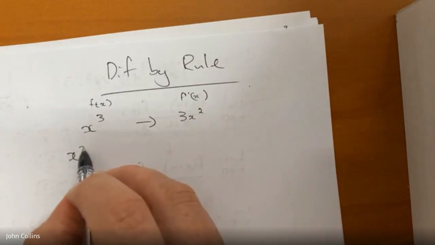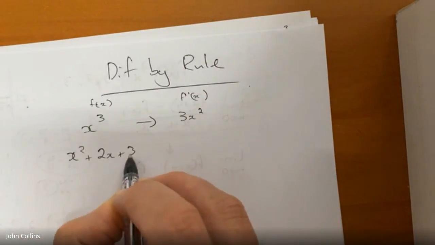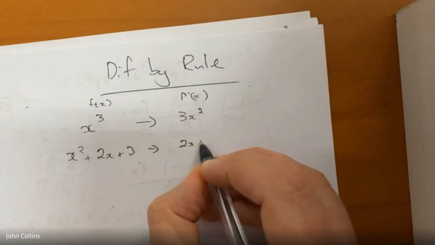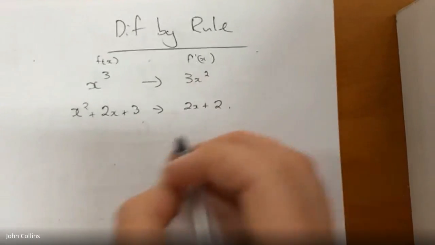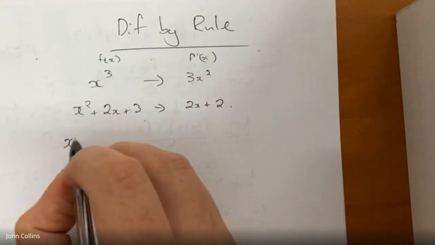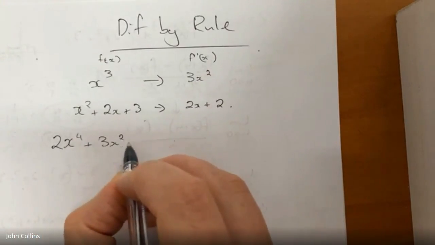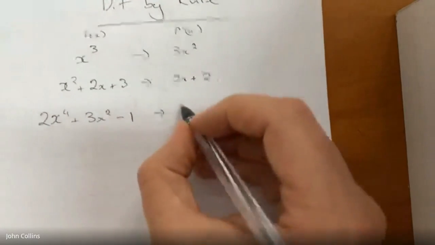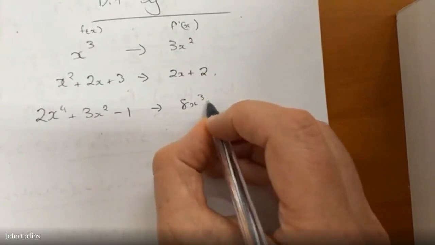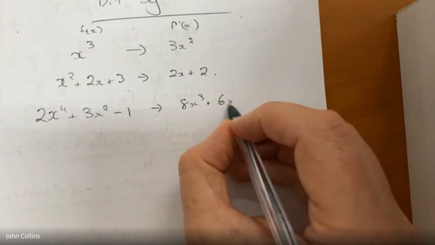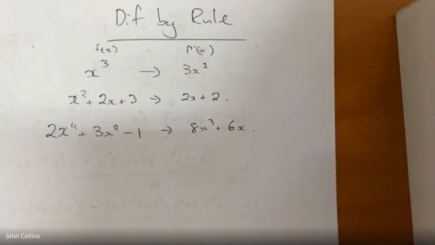Now if we have x squared plus 2x plus 3, the derivative of that is 2x plus 2. If we have the derivative of 2x to the 4 plus 3x squared minus 1, the derivative of that is 8x cubed plus 6x. Now, I did that without even... Oh yeah, sorry, I did this last year a little bit. Yeah.